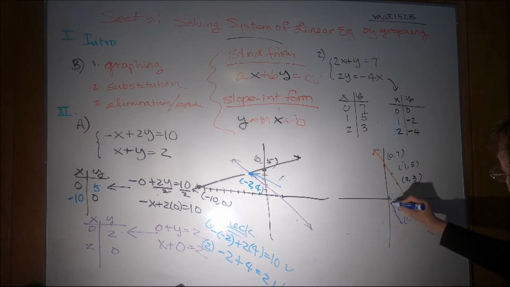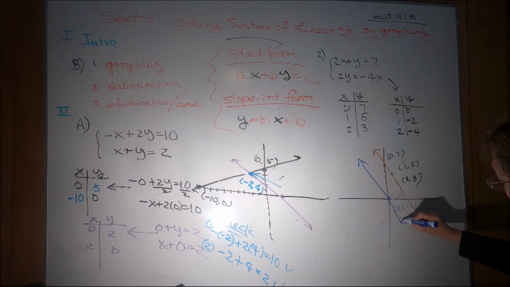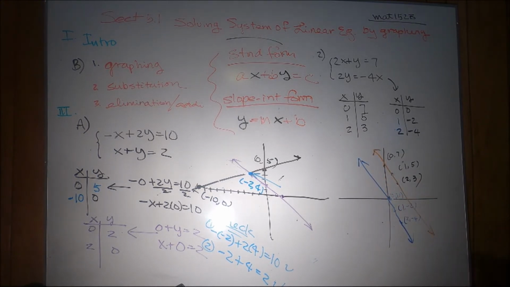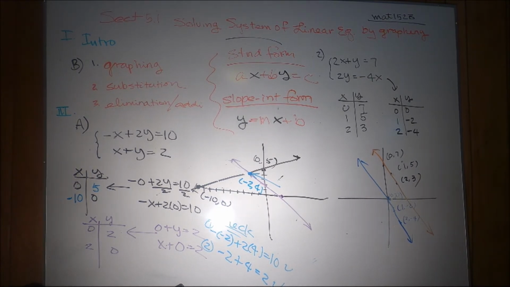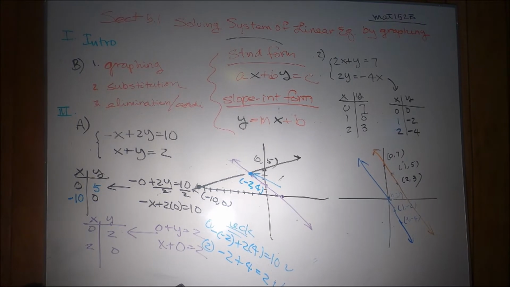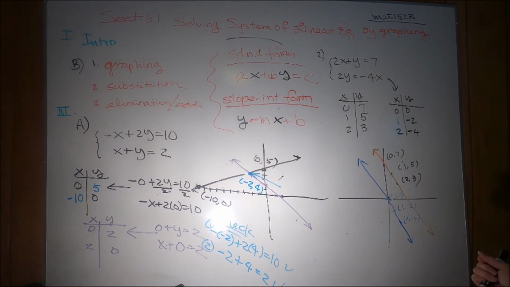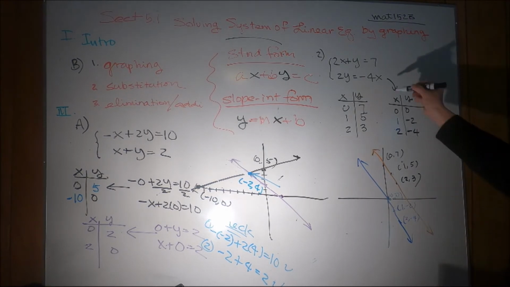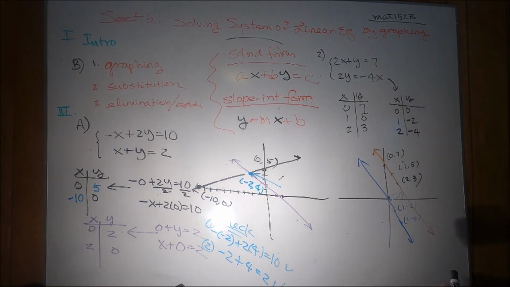So when you graph it, you find out these two lines look like what? Parallel. If they are parallel, what do you think? Will they meet? They will not meet. So if they don't meet, do we have a solution for those two equations?